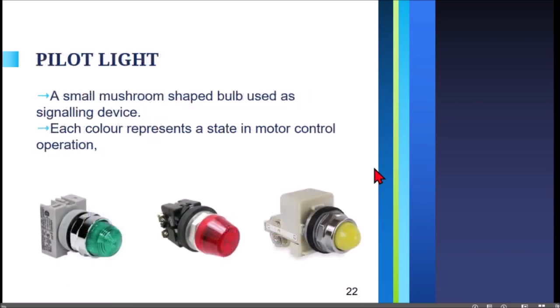Then we have the pilot light, a small mushroom-shaped bulb used as a signaling device. Each color represents a state in the motor control operation. These are the common pilot lights.